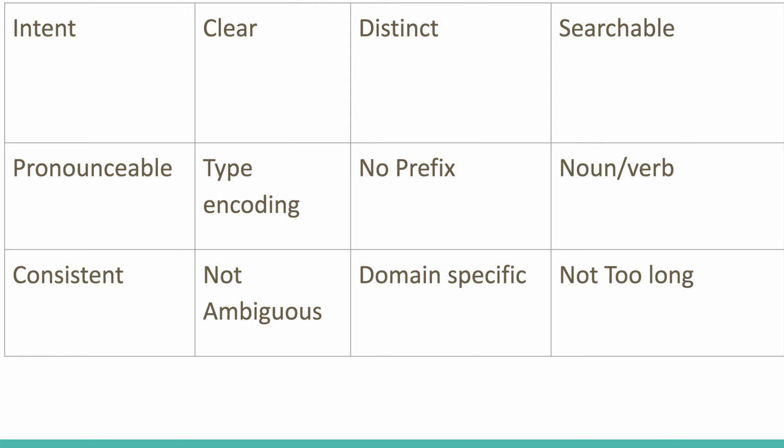This is the final summary. Use names that have clear intent. There are 12 tips that I'm highlighting, but the book has many more. So intent is very important as to why the name exists, what it does, and how you should use it. Very clear, not ambiguous names. Distinctions between variable names should be easy. It should be searchable, pronounceable. You should not encode type information in the name. Do not use prefixes.